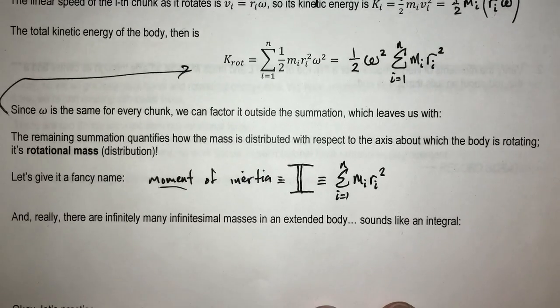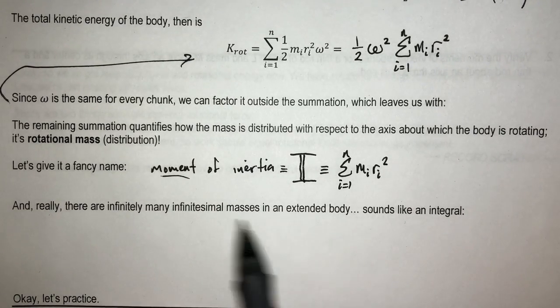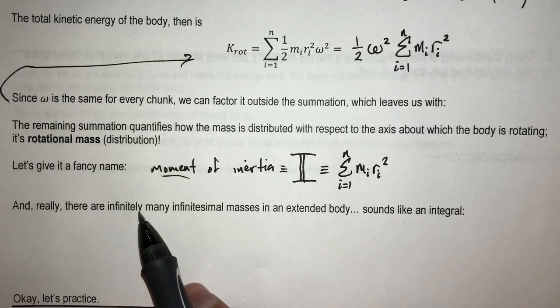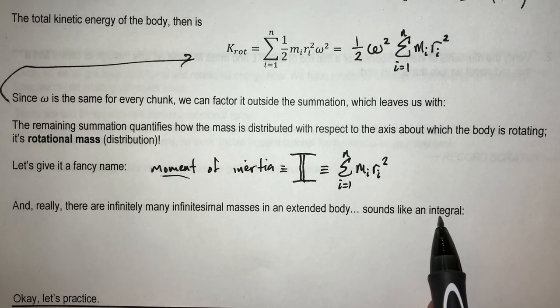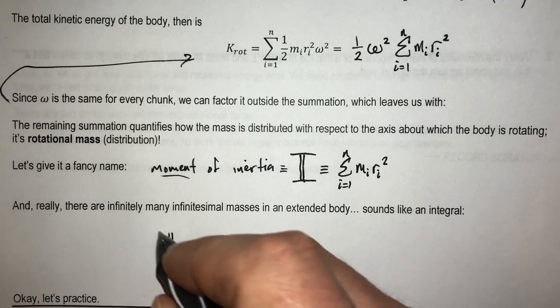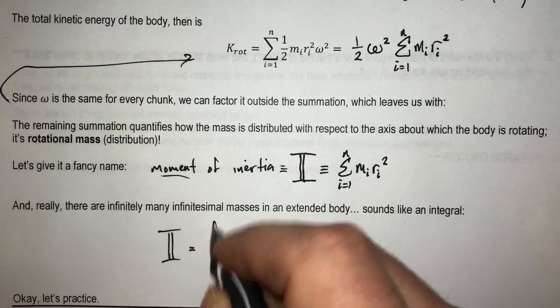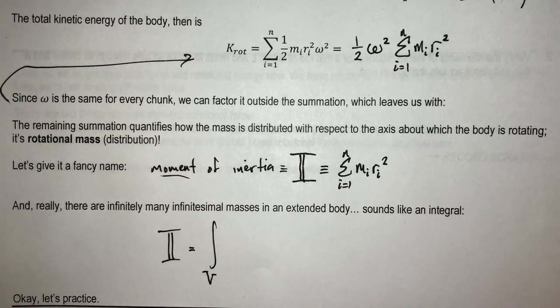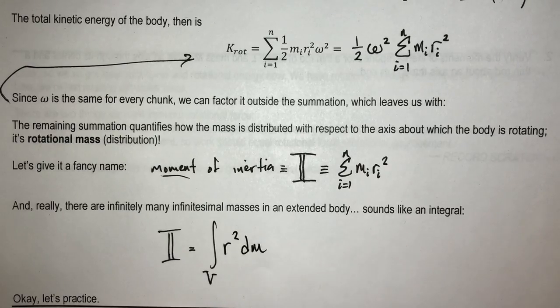Now, in a rigid extended object like a baseball bat, how many masses should you include? I mean, really, it's a continuous object. So, it sounds like an integral, right? It sounds like a Riemann sum. So we can write the integral. We did the same sort of trick with center of mass back when we did it. It's the integral over the volume of the object, r squared dm.